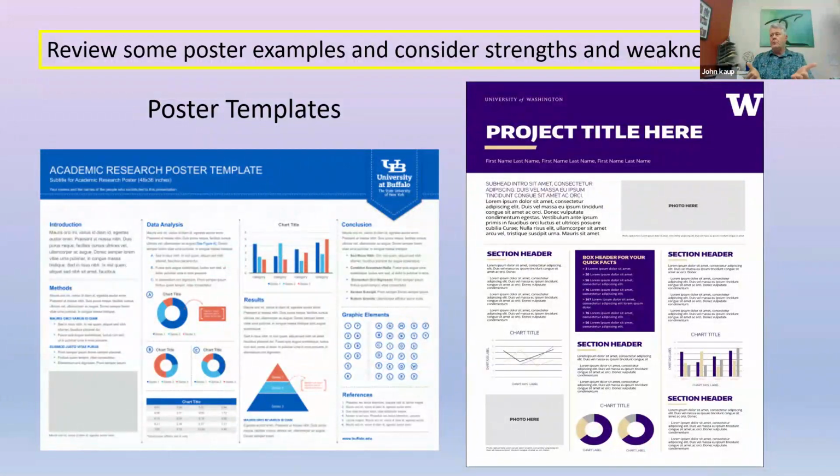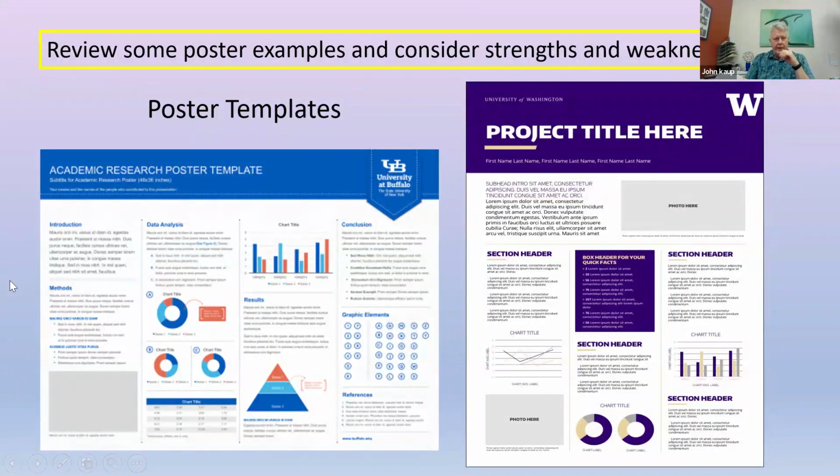When you get started, often it's a lot easier to start with a template as opposed to starting with a blank PowerPoint slide by itself and having to put everything in. If you go online, you can probably find about 1 million different poster templates out there, and I've shared a couple of those here.